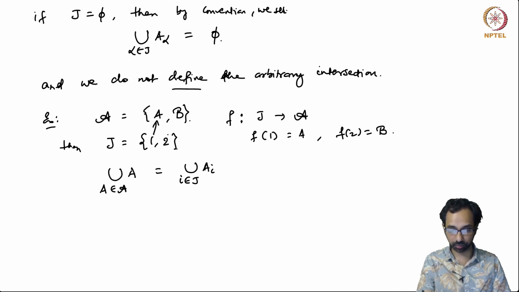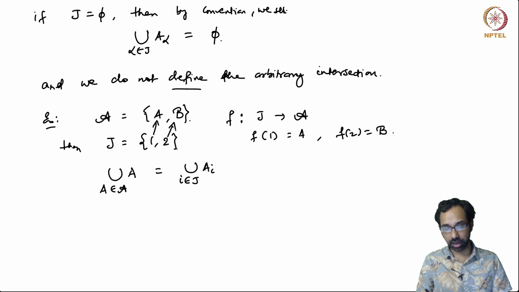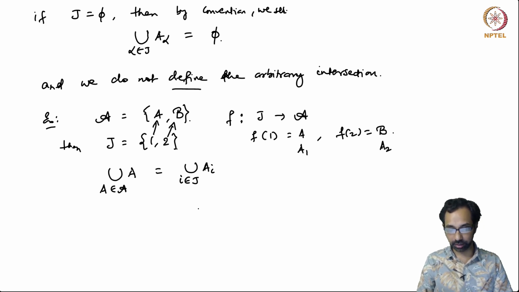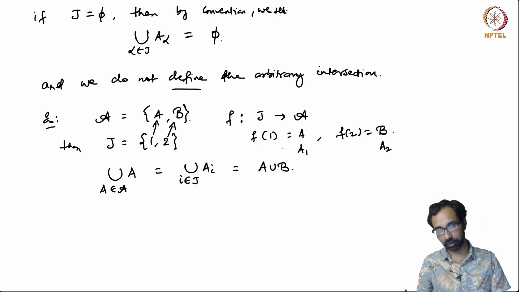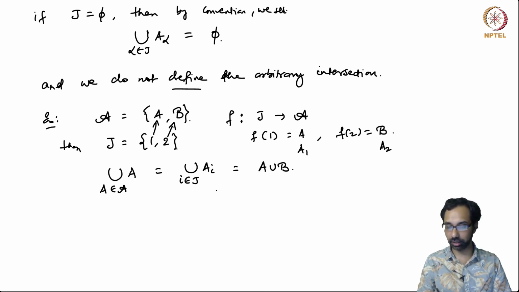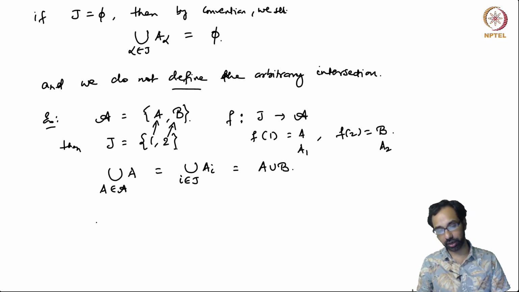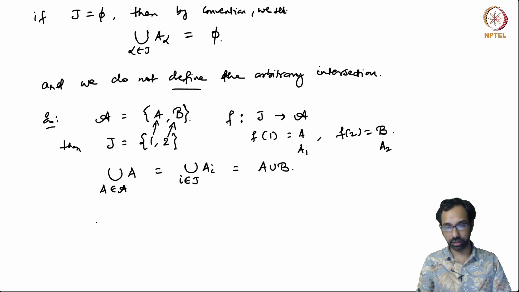So 1 goes to A and 2 goes to B. So here this is A_1 and this is A_2 now. So you can rewrite this as this indexed union, and this is nothing but A union B. Similarly you can have more than two sets, and then you will have a finite union, and similarly you can also have finite union and finite intersection as well.